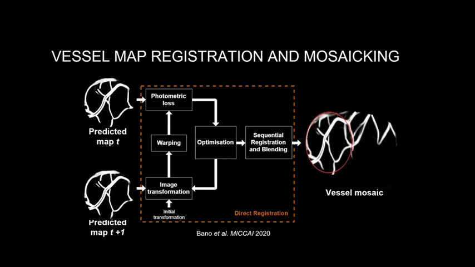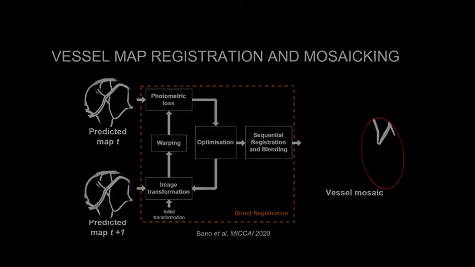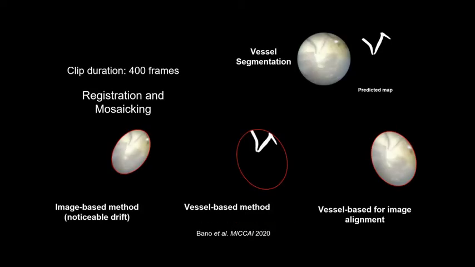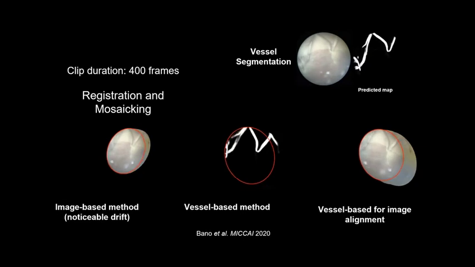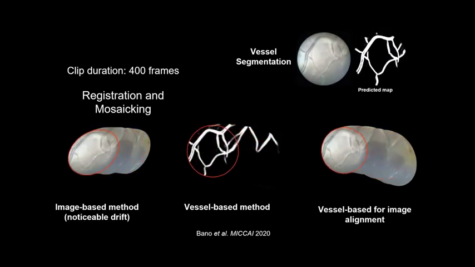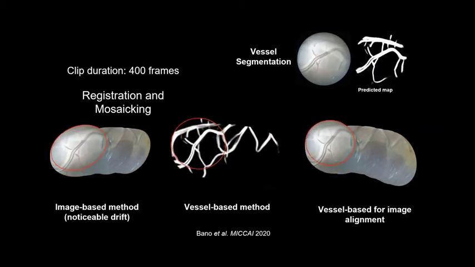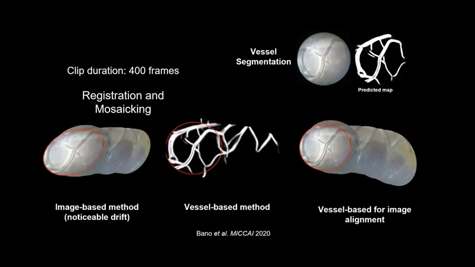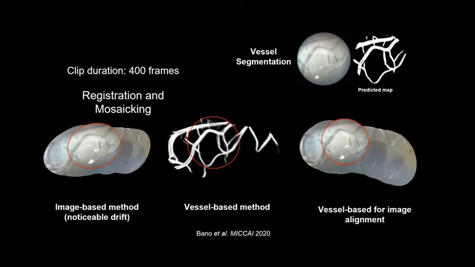As you can see, the vessel mosaic that we can generate seems to link very, very nicely, and this is an example of how this looks on the real images. You can see how the image-based method drifts and the vessel-based method aligns these vessels very well.